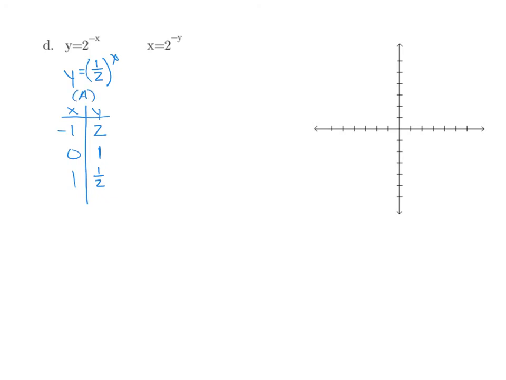This is going to be my graph A. For my graph B, I'm going to flip my columns. So I'm going to let x be 2, 1, and 1/2. And I'm going to let y be -1, 0, and 1. So if we go ahead and plot this now, we get -1, 2, 0, 1, 1, 1/2.